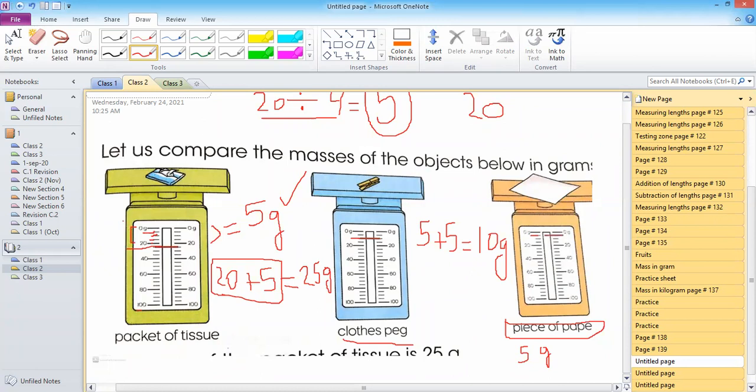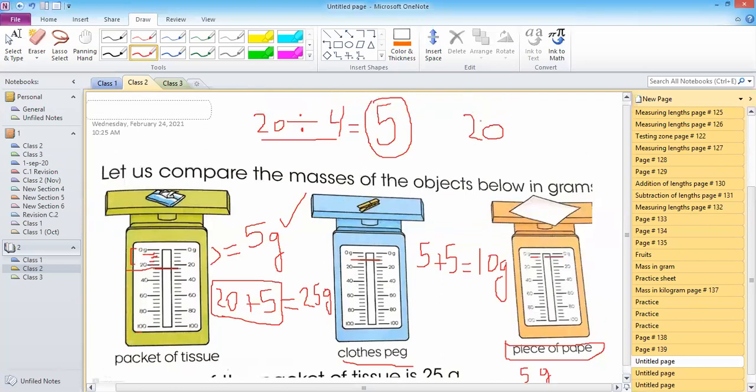What is the difference? 20 minus 0 is equal to 20. So there are 20 gram from 0 to 20 here. So you will write 20, and because there are 4 short intervals here, 1, 2, 3, 4, you will divide by 4. When you divide 20 by 4, the answer is 5. You will check the table of 4. 4 multiplied by what will give you 20? 4 1s are 4, 4 2s are 8, 4 3s are 12, 4 4s are 16, and 4 5s are 20.